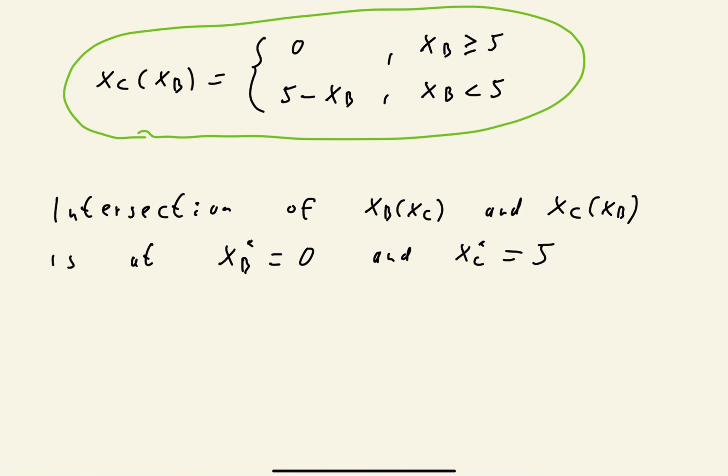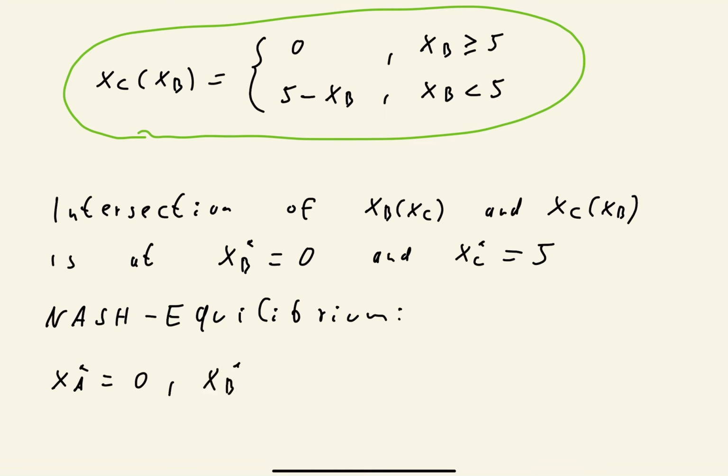You can draw this quite easily, and then you will see that the best response functions will intersect only at a tuple where B will choose an amount of 0 and C will choose an amount of 5. As a consequence, the Nash equilibrium will be the following: XA star is equal to 0, XB star is equal to 0, and XC star is equal to 5.